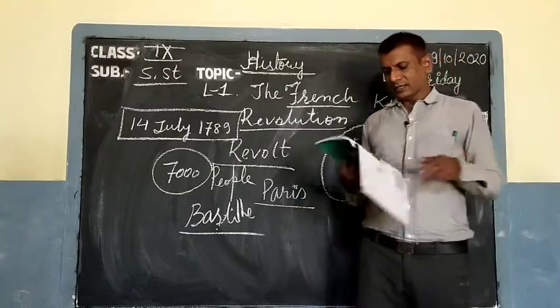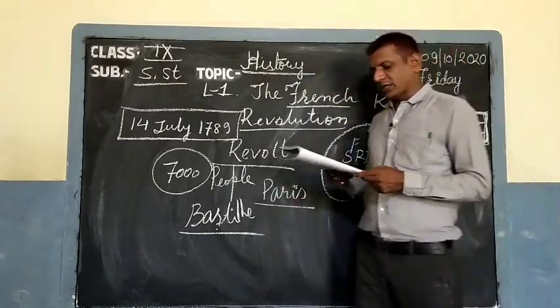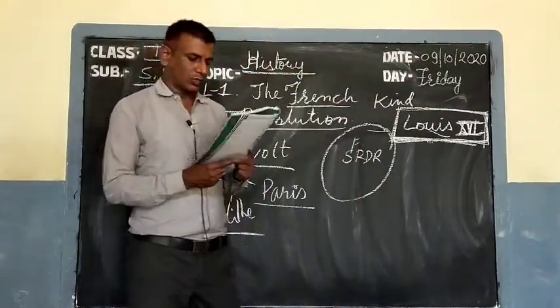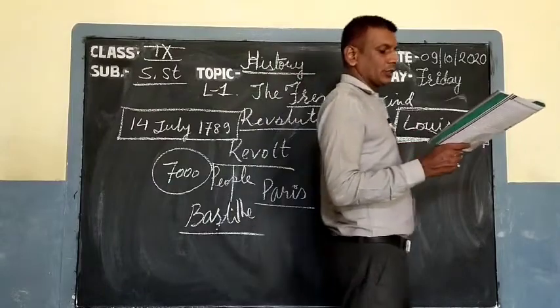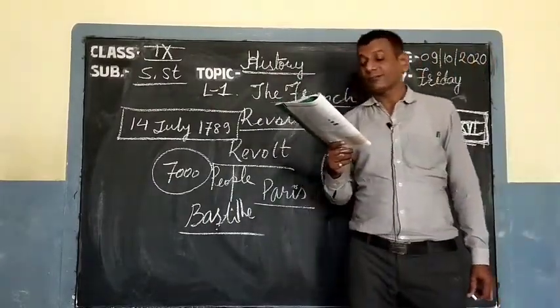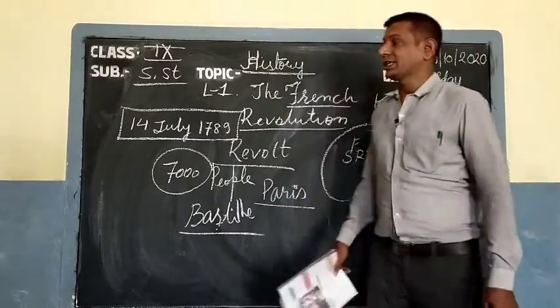And now you can see the struggle to survive. The population of France rose from about 23 million in 1715 to 28 million in 1789.